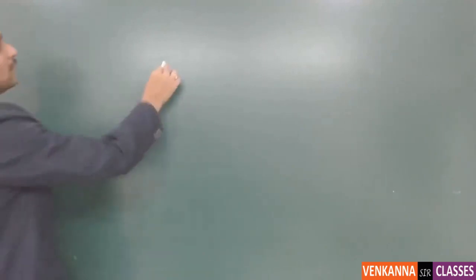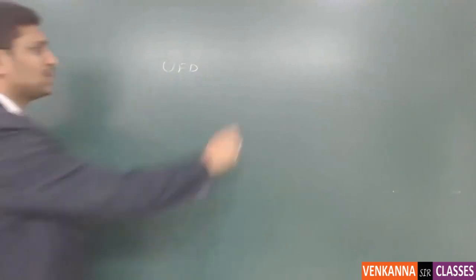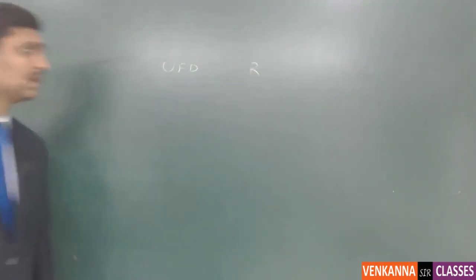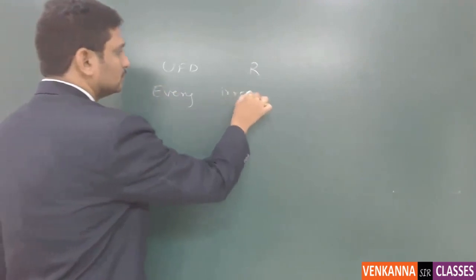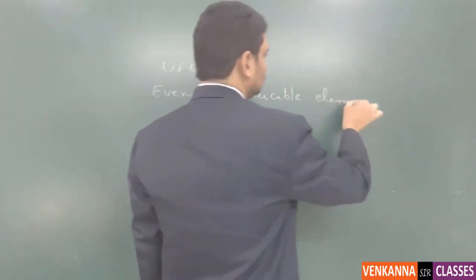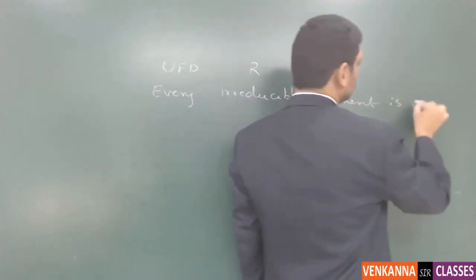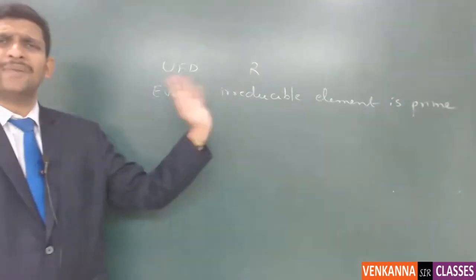Now I want to discuss one interesting result on UFD. We will discuss it. If you take a unique factorization domain R, then every irreducible element is prime, and also every prime element is irreducible.